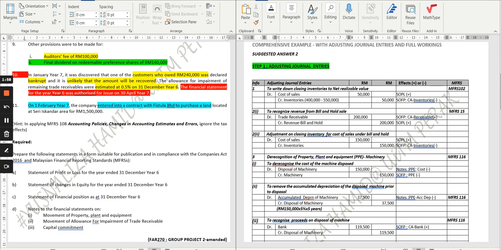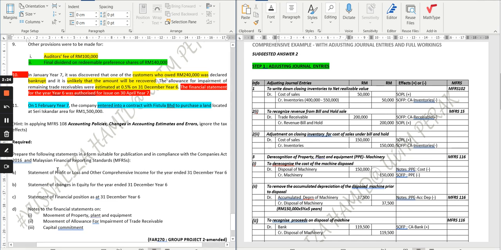You are asked to prepare the statement of profit or loss for the year ended 31st of December year 6. Statement of profit or loss here is also statement of profit or loss and other comprehensive income. So we're going to prepare the statement of profit or loss together with the other comprehensive income as part of the requirement of the question.